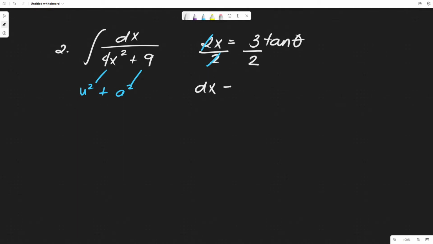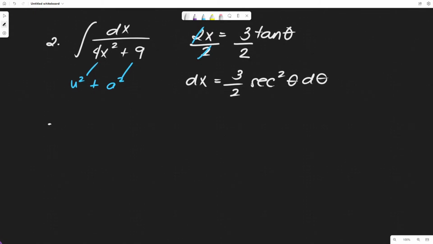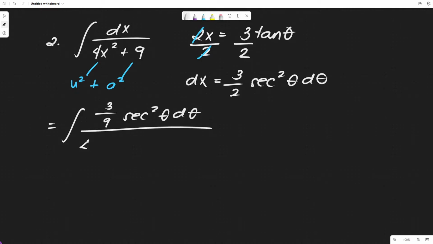So, kunin natin yung differential. We have 3 over 2 secant squared theta d theta. Okay, so this is dx. So, yan ngayon yung mga isa-substitute natin. So, we will have the integral of 3 over 2 secant squared theta d theta over 4 times 3 over 2 tangent theta natin squared, so that's for 4x squared, plus 9.